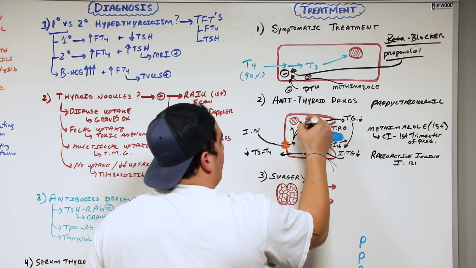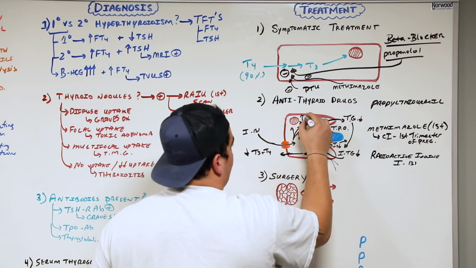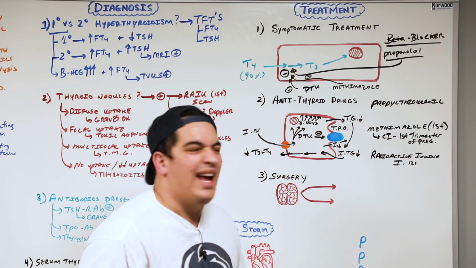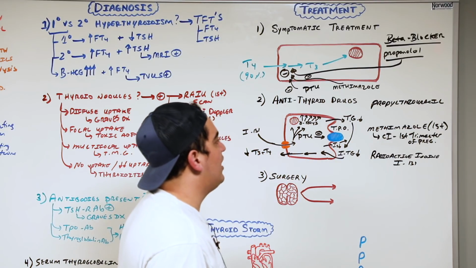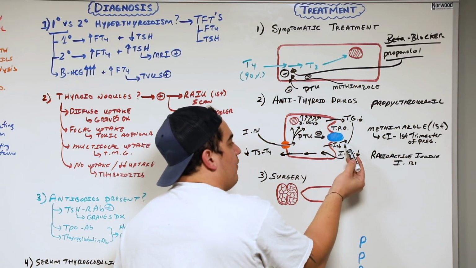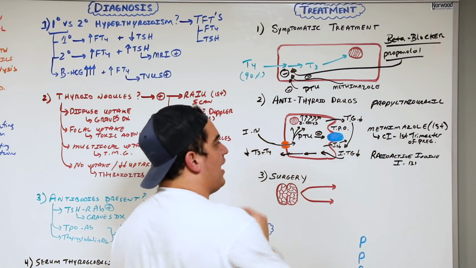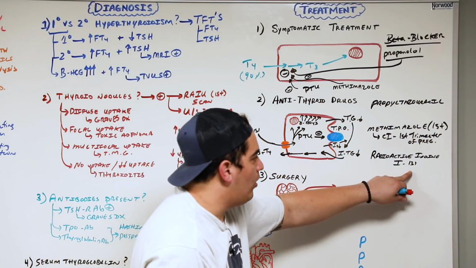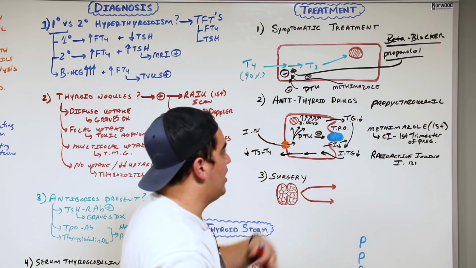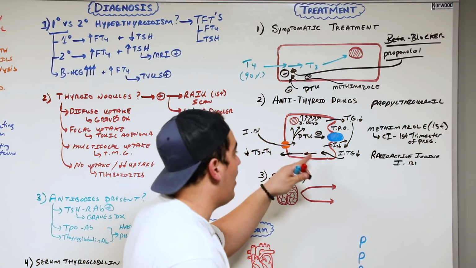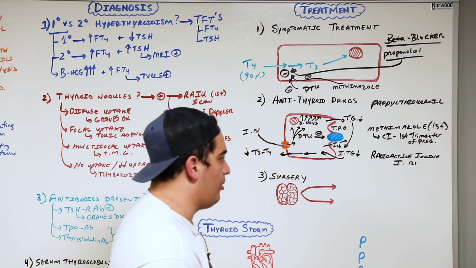These gamma rays are actually going to start damaging the thyroid follicular tissue. As you damage this thyroid follicular tissue, it then does what? Decreases the synthesis of thyroid hormone. So what radioactive iodine, or iodine 131, does is it gets into our thyroid follicular cells, exerts gamma rays, and then causes destruction of the thyroid follicles, decreasing thyroid hormone production.